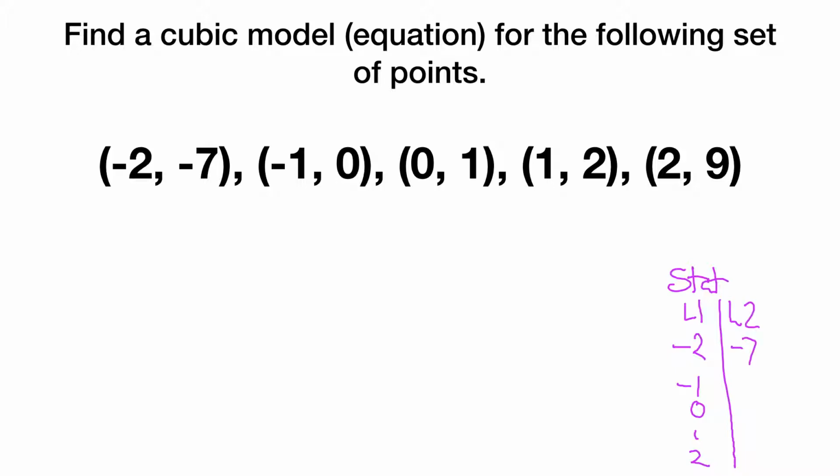So that's -7, 0, 1, 2, and of course 9. Then I press Calc and then cubic reg, and we end up getting our answer. Our answer in this case, x cubed plus 1.